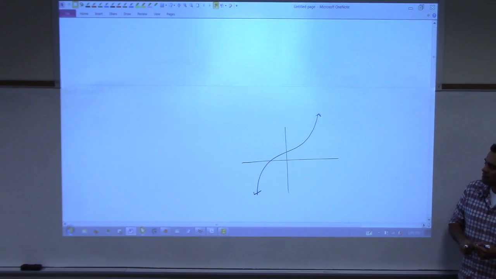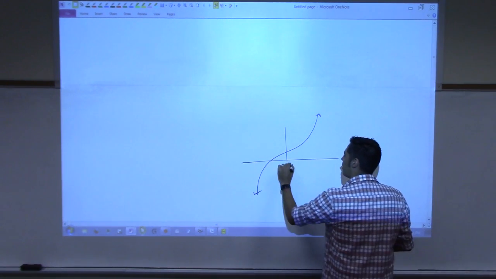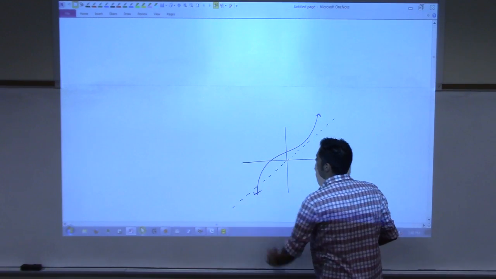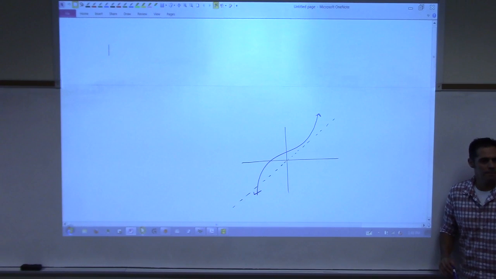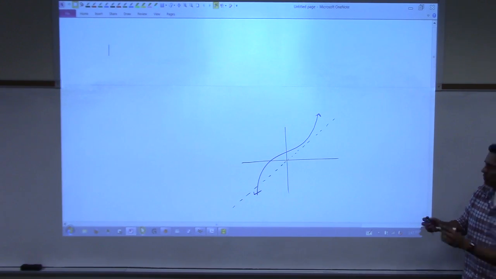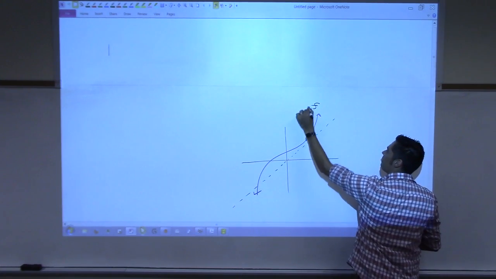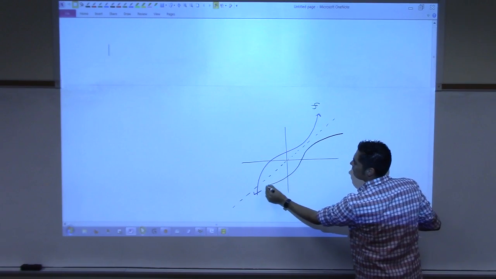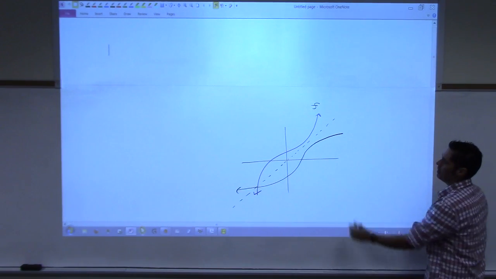The graph of its inverse must look like the reflection of that graph over that dotted line. It's the reflection of that graph over the identity. So if this is f, its inverse would look like this. I'm going to try my best here. Not great, but that's what it would be.